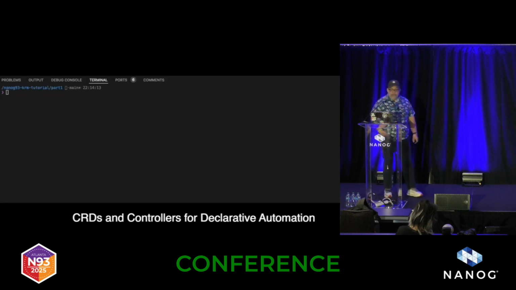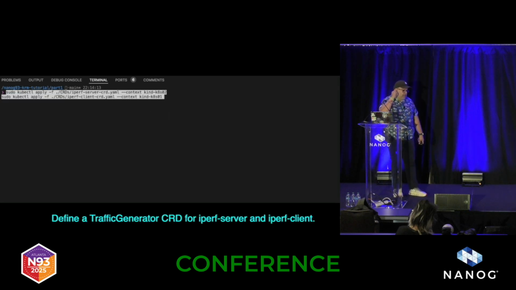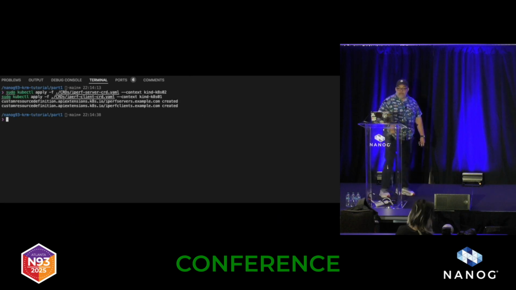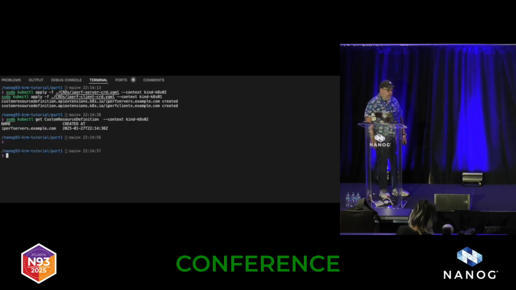Okay, go. So first, as you saw on one of the slides, we created the traffic generator CRD, for the server and also for the client. Then we check the IPERF server CRD setup.